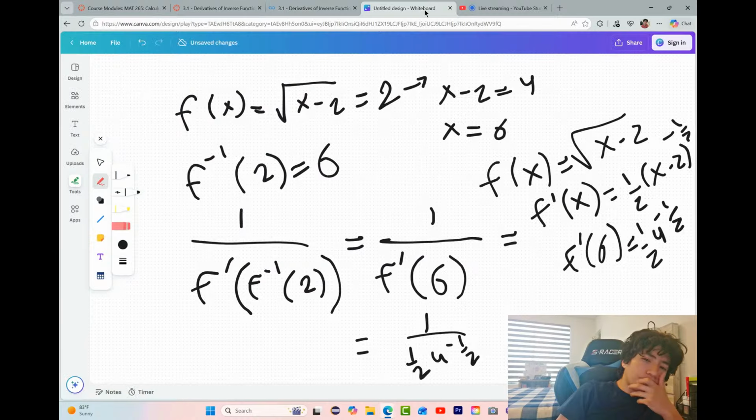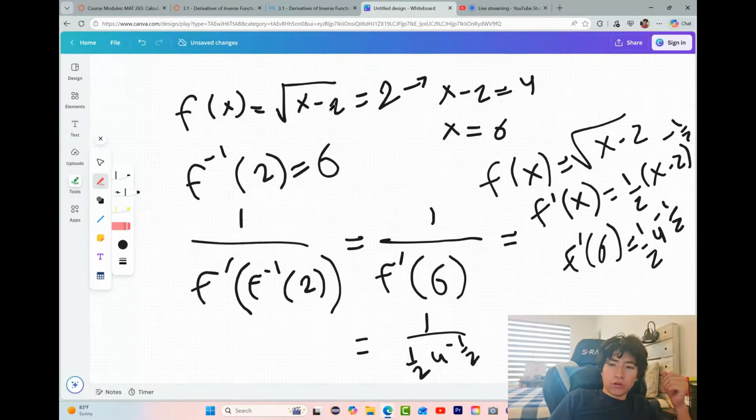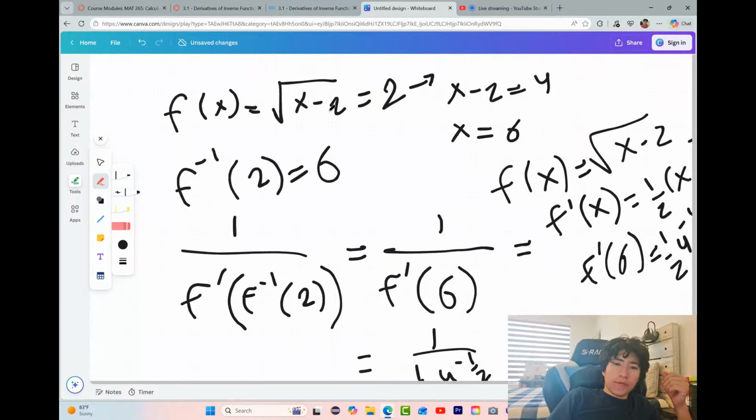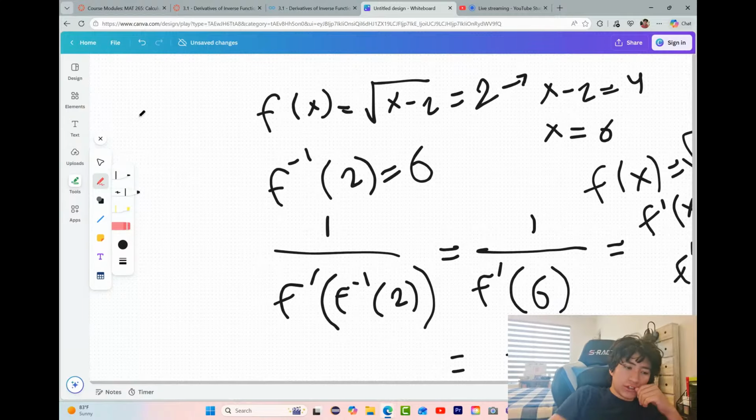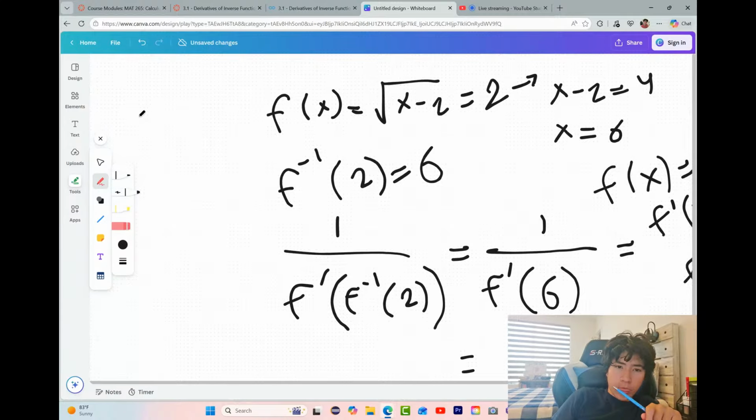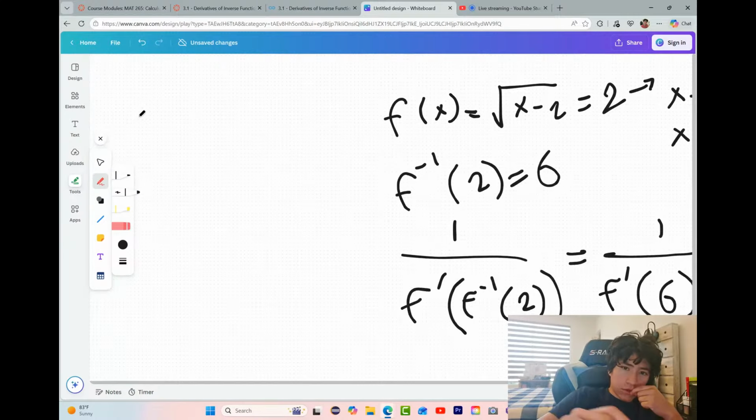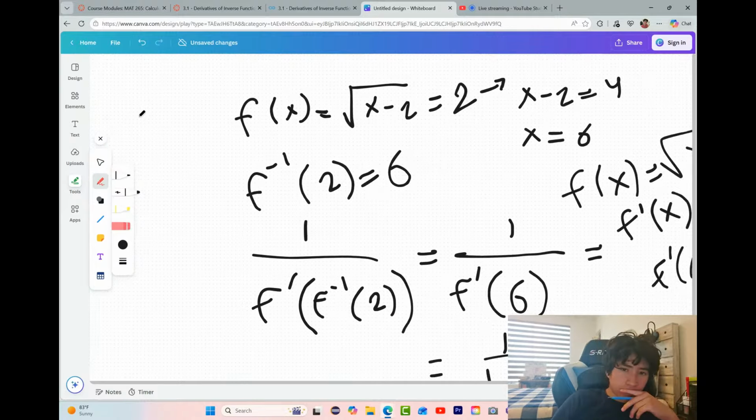Oh, so they're asking us for a general inverse function. I see. Oh well, I'm confused. Hold on.